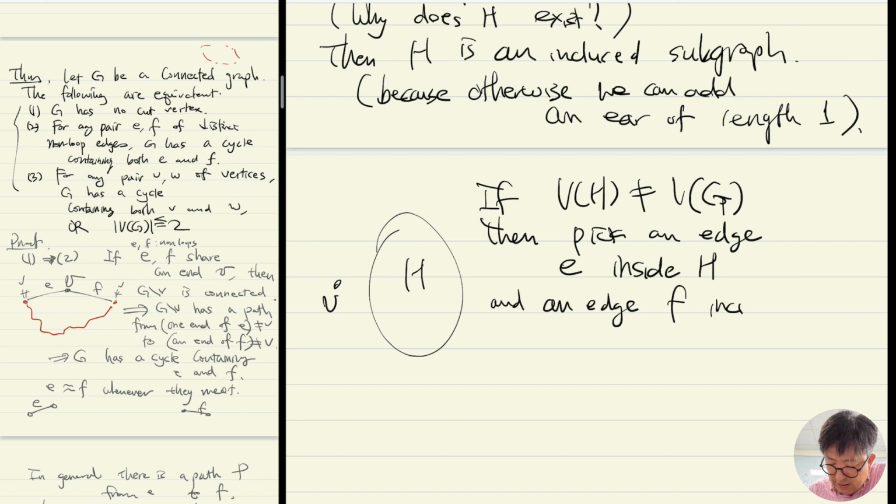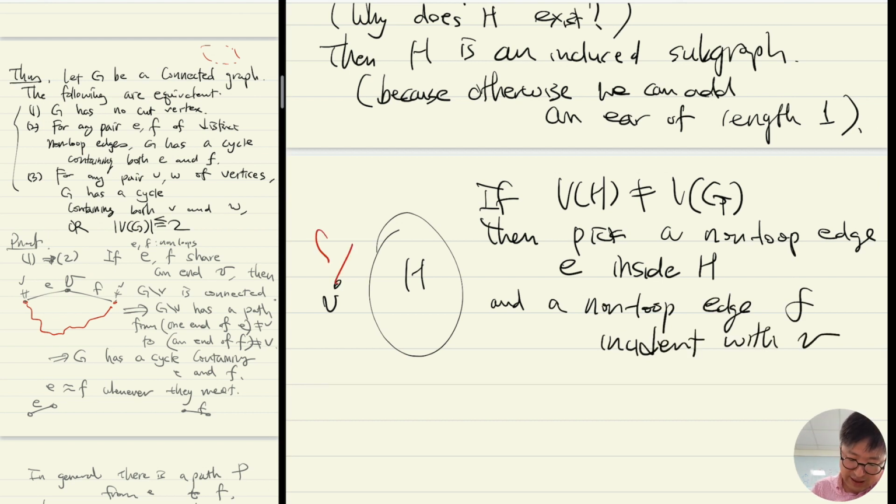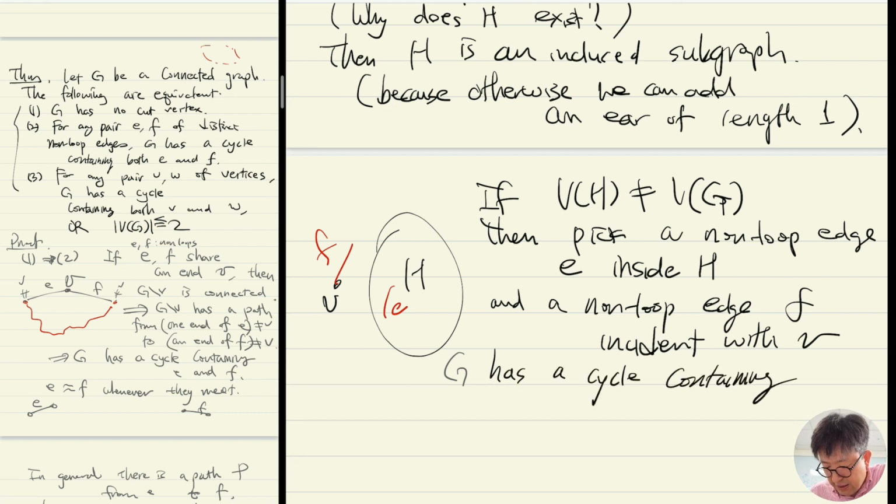Okay, I have to choose a non-loop edge. Non-loop edge E and a non-loop edge F incident with V. So I have F and I have E. Now G has a cycle containing both E, F.